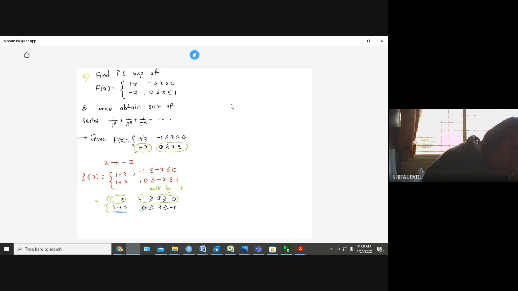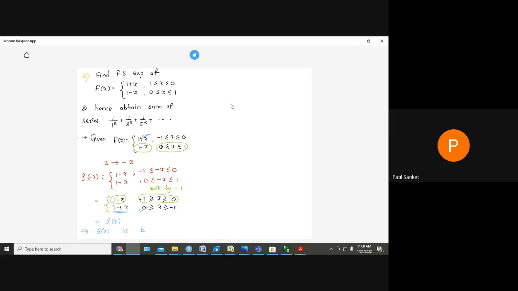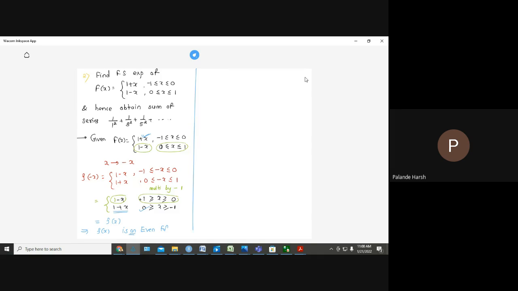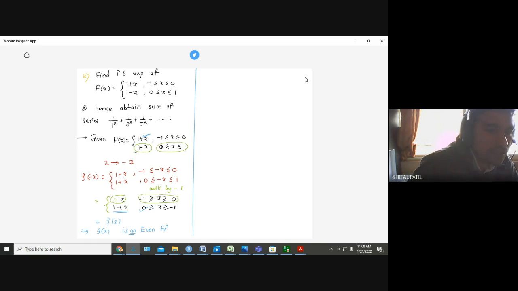Here also it is the same. So it is equal to f of x. f of x is even. Bn will be 0, no? Absolutely. f of x is an even function. Clear?